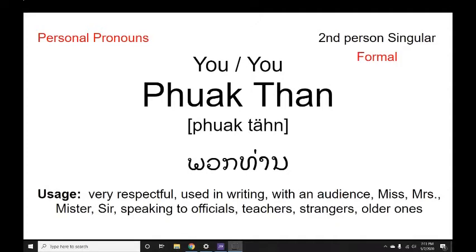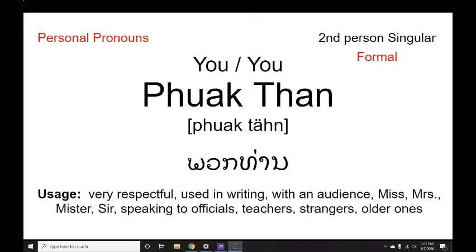So at the hall, you may find when they're starting the meeting, they refer to the audience as, when they say you, we encourage you to take your seats. Puak tan would be reference to the audience. It's a formal way of addressing a group of people that you know, it's a formal way of addressing people. And generally in that audience, there's going to be people that you do not know.